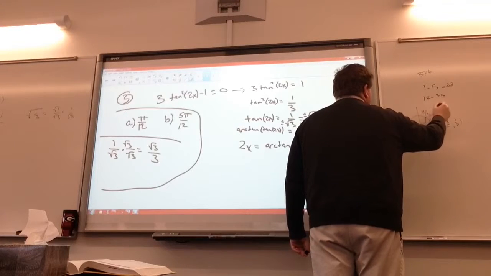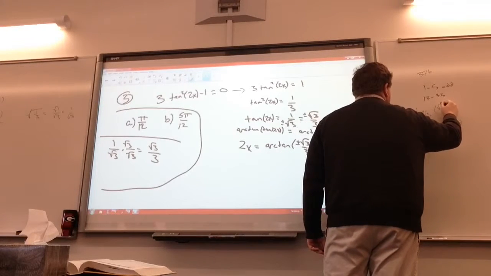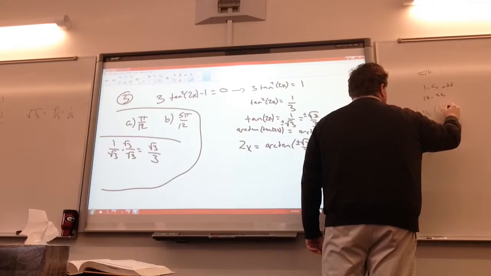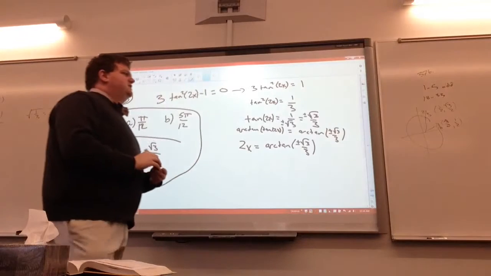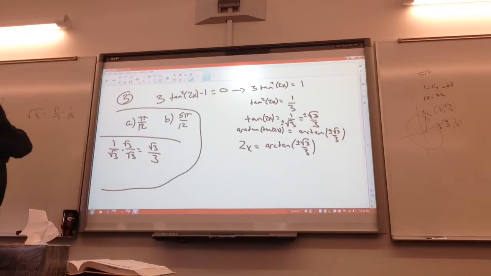We can figure out the other one in a second. There are two locations there. Which one of those 2 locations corresponds to the arctangent being equal to root 3 over 3? It's a little bit trickier to tell, isn't it?